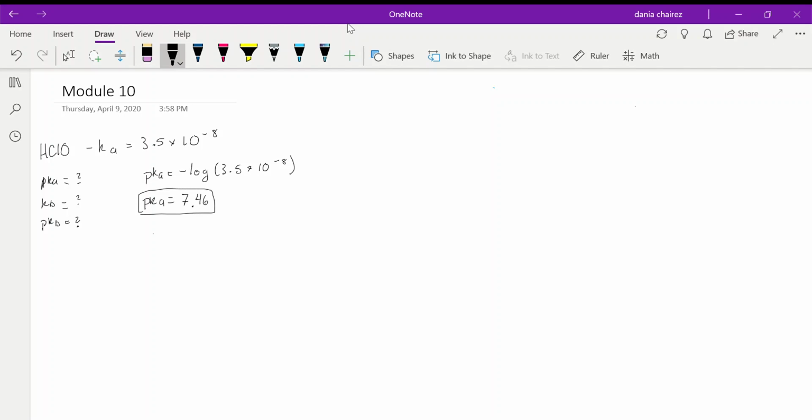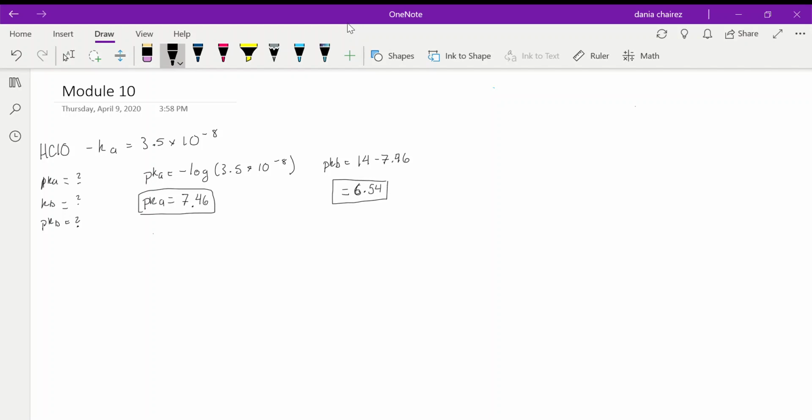So then the next step is that I would find my pKb by simply doing 14 minus 7.46, right? Which would give me a pKb of 6.54.